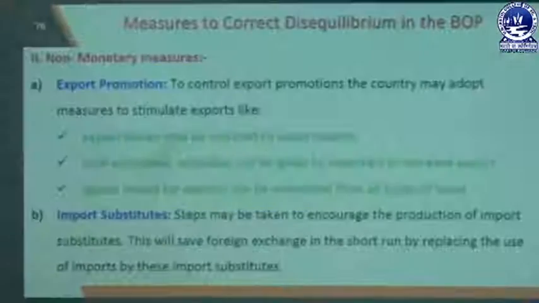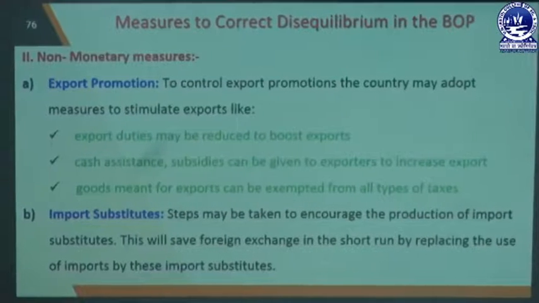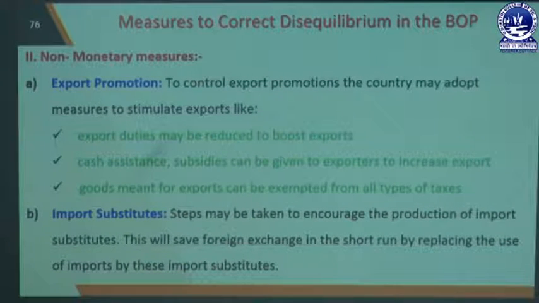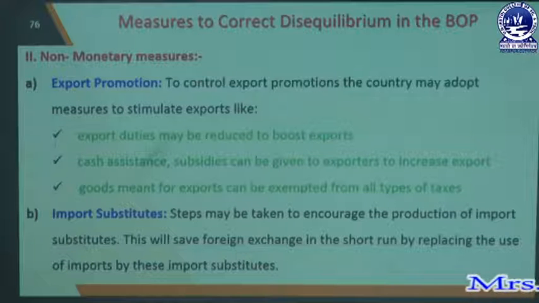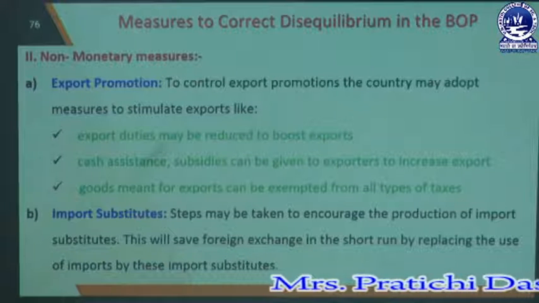Another one is cash assistance: subsidies can be given to exporters to increase exports. When a country provides cash assistance and subsidies to exporters, it may increase exports. The goods meant for export can be exempted from all types of taxes.